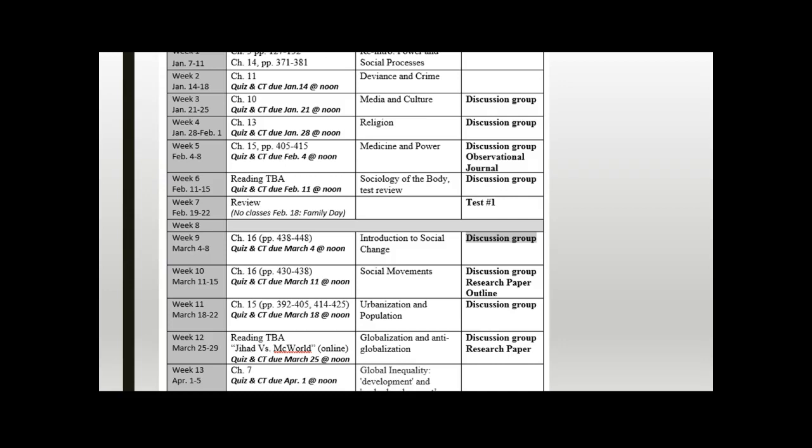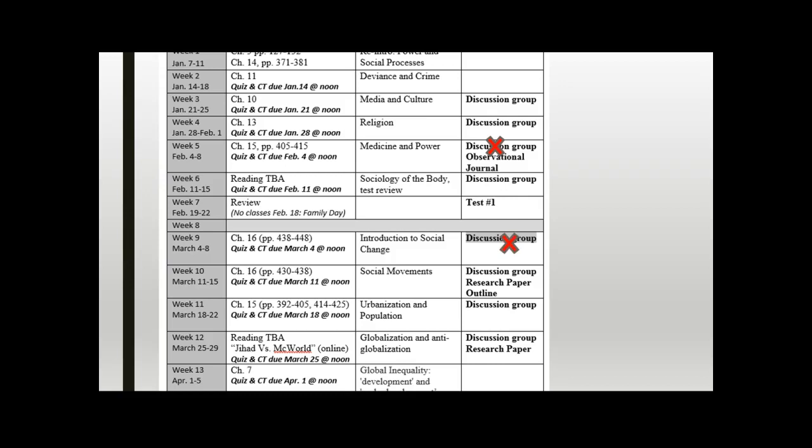So, looking at our weekly schedule, my original plan was for 4 discussion group sessions in each half of the term. Because we have a slightly smaller class than I had originally planned around, what I have decided to do is to change our numbers from 4 discussion groups per term to 3 discussion groups per term.